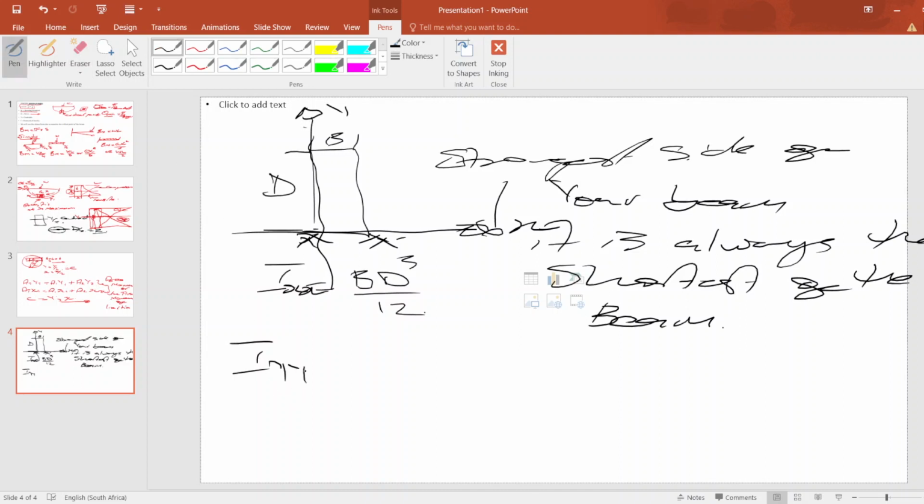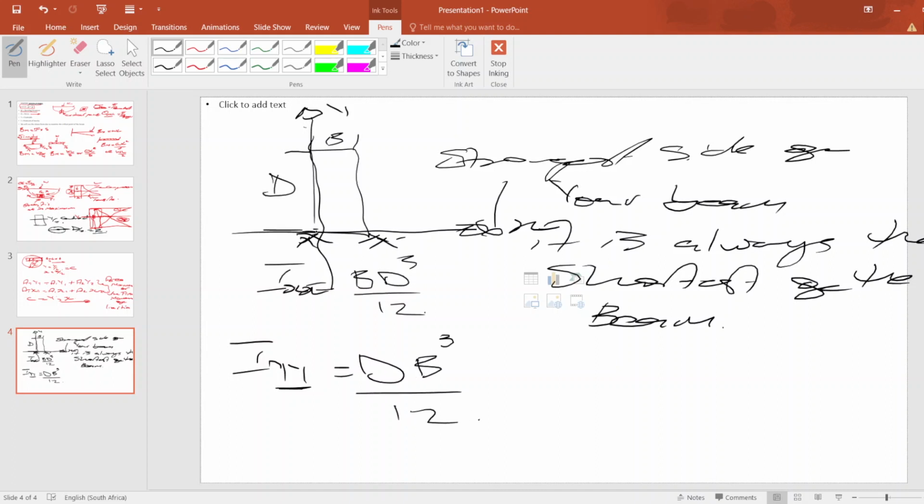Now it will be Iyy. This yy indicates where you have taken moment. If this is where I've taken moment, I'm opposite to the longest side, then it will be D B cubed divided by 12.